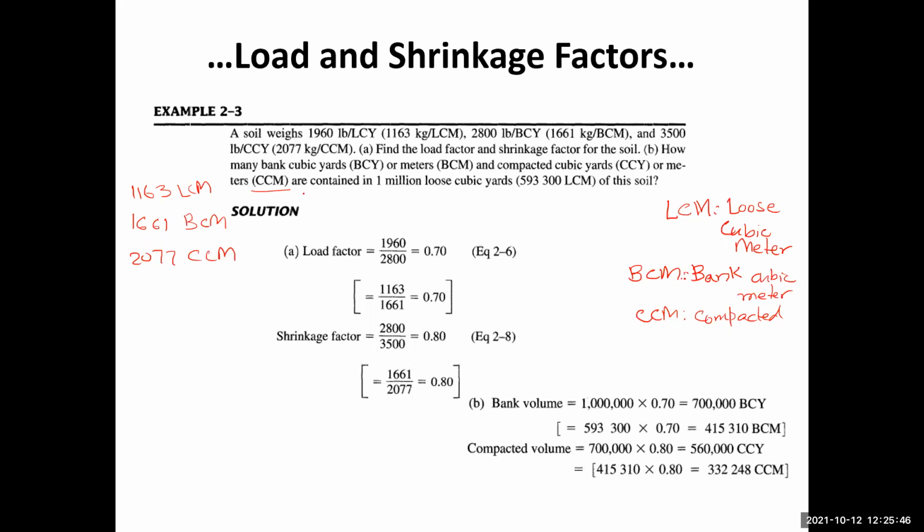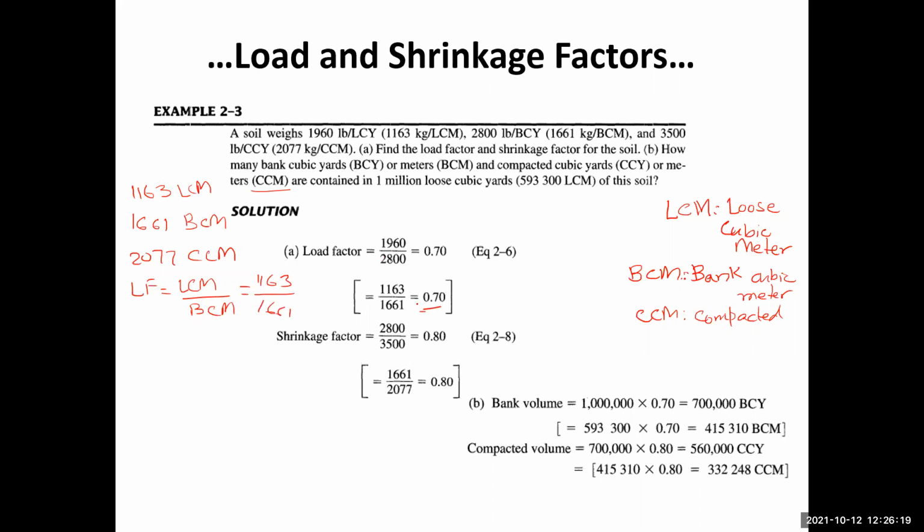So if we want to find the load factor, as I described, for the load factor we go from loose to bank. So loose cubic meter divided by bank cubic meter. Loose cubic meter is 1163, bank cubic meter is 1661.